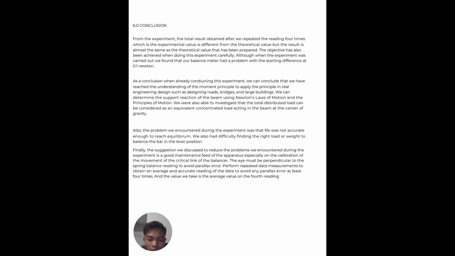The eyes must be perpendicular to the spring balance reading to avoid parallax error. Perform repeated data measurements to obtain an average and accurate reading, at least 4 times, and the value we take is the average of the four readings.